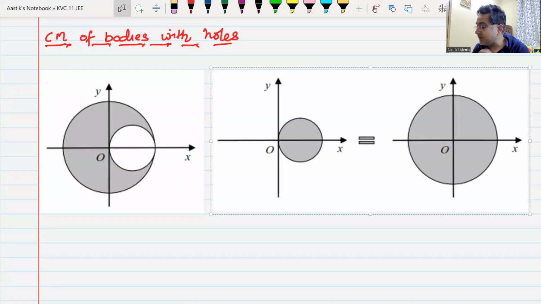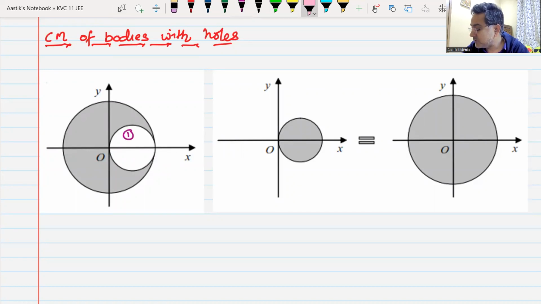The first body is this body number 1, which I have painted as pink. You can't see the pink color on this, it's already hashed.